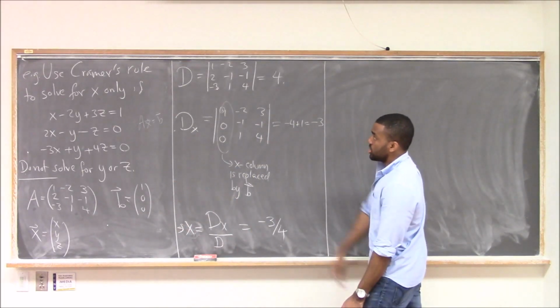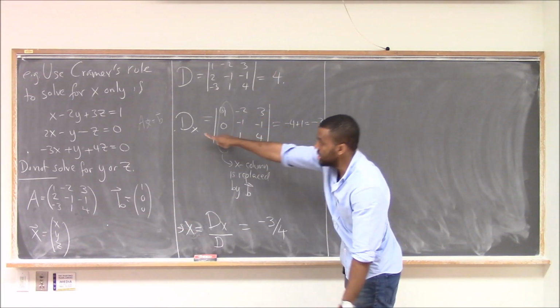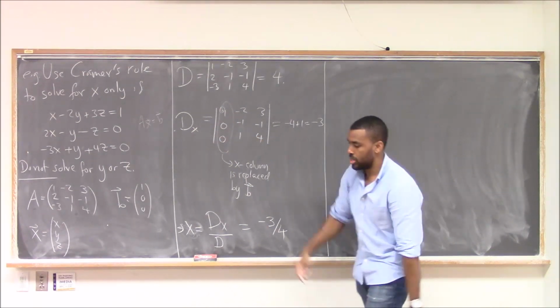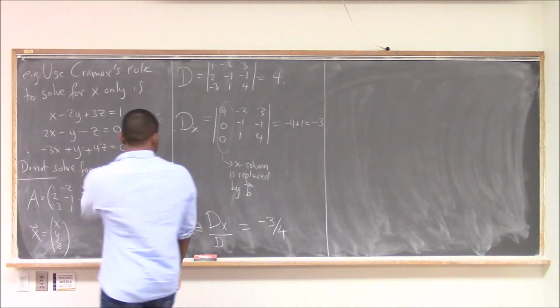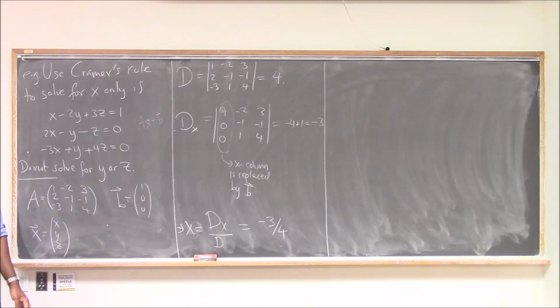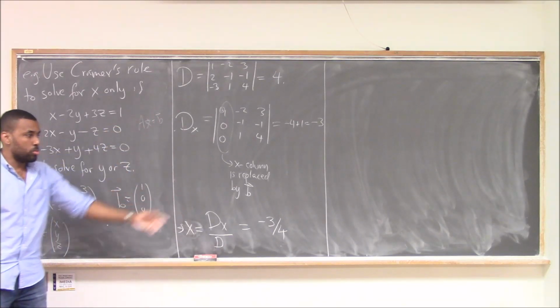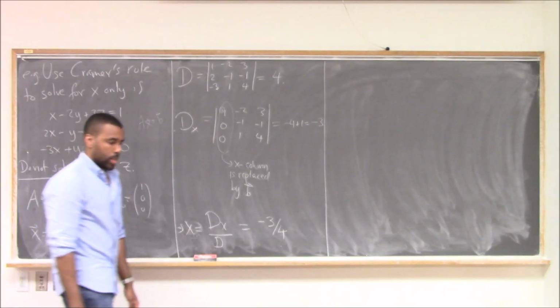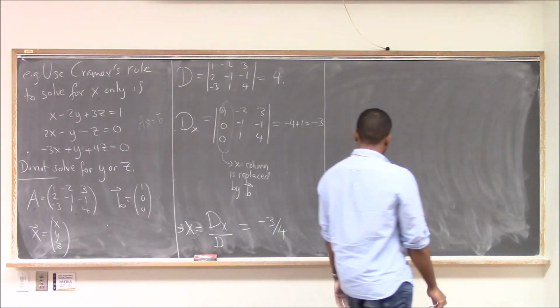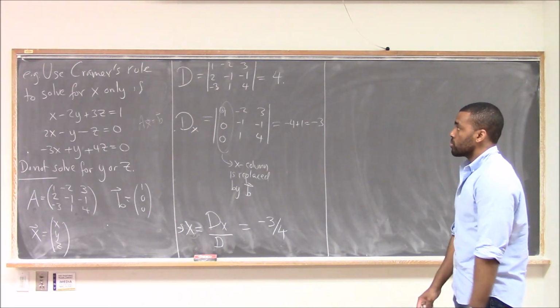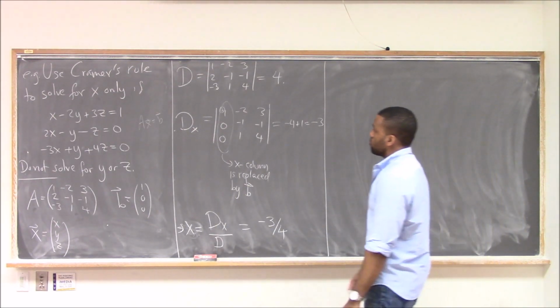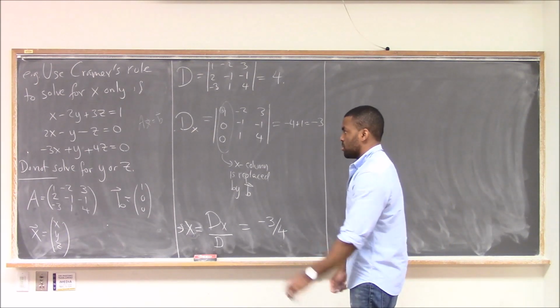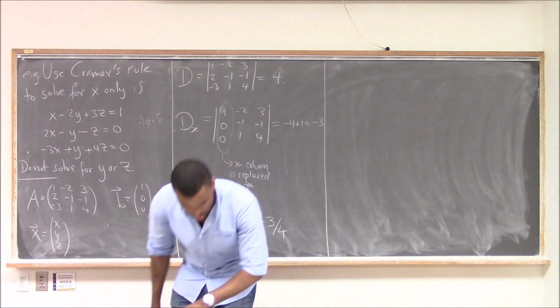That basically means you find D with respect to whatever variable they ask you, and you take the division. And as long as your D is non-zero, you will be able to find the solution. That's basically it. Nothing else to say there.